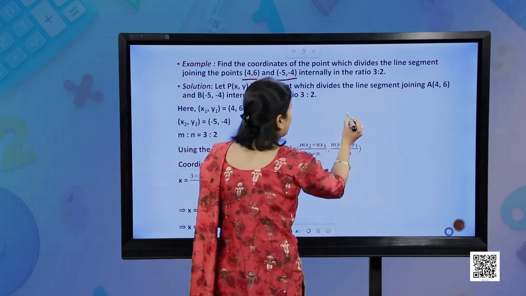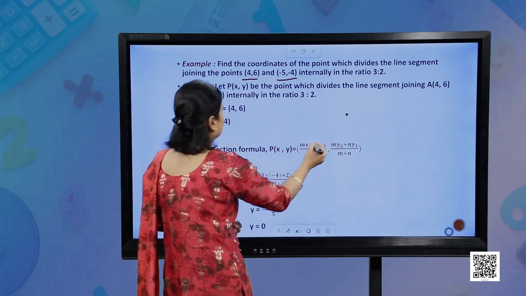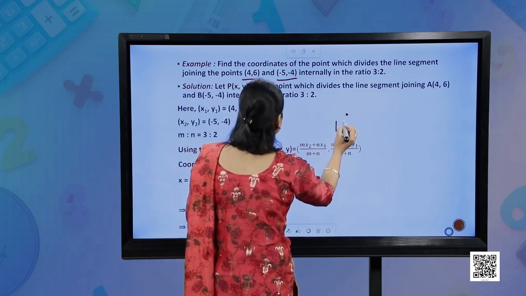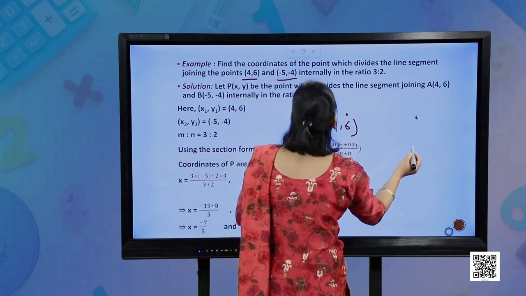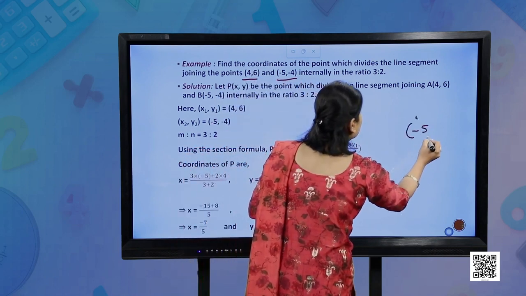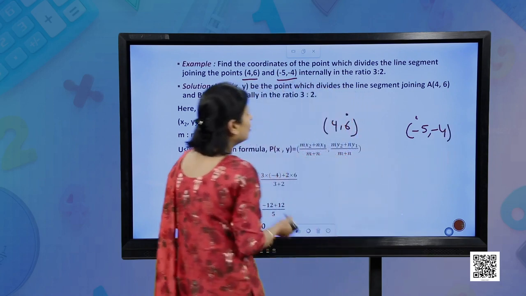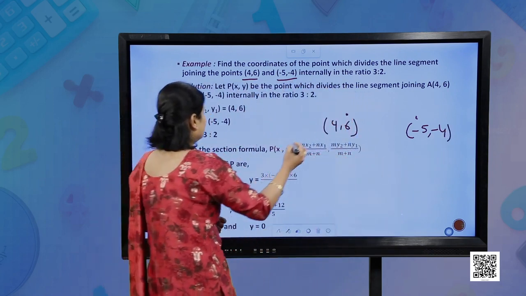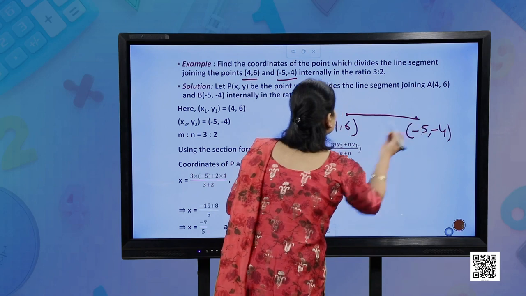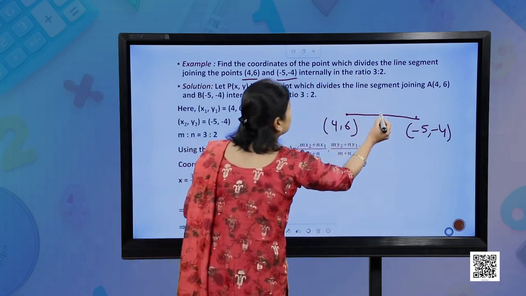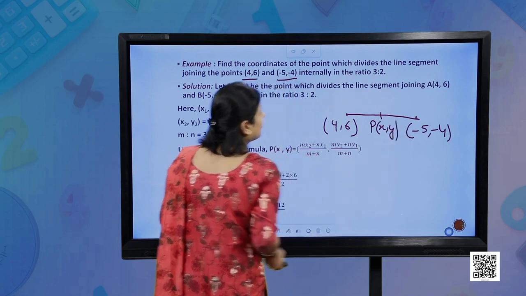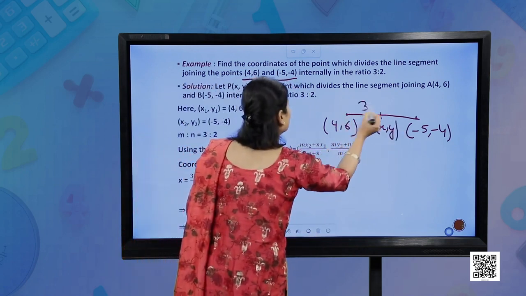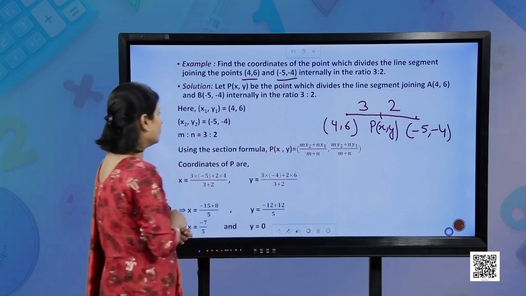It means I have a point (4, 6) and another point (-5, -4), and this is divided at some point (x, y) in the ratio 3:2.